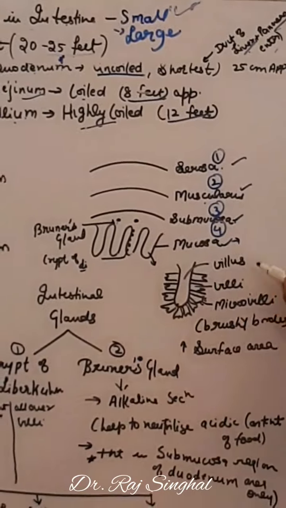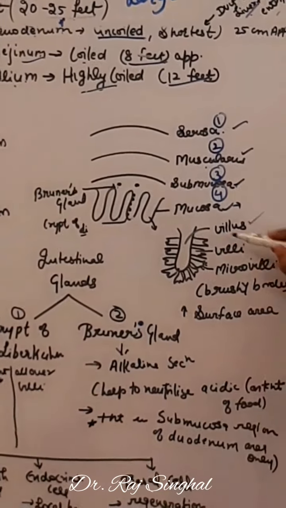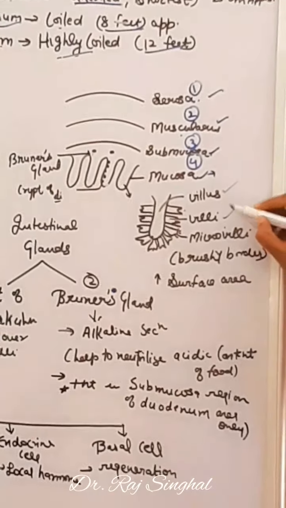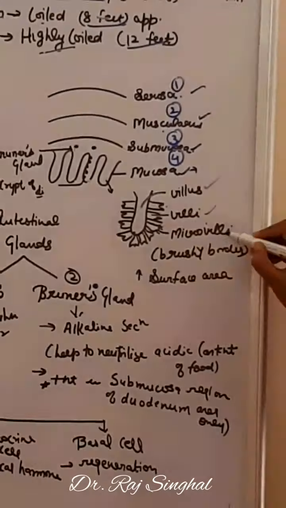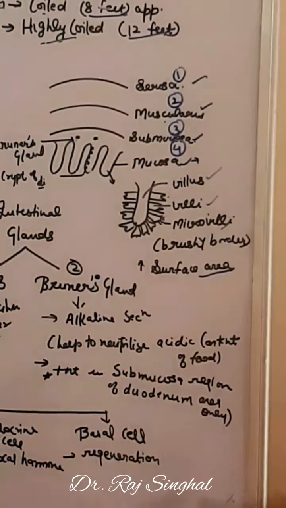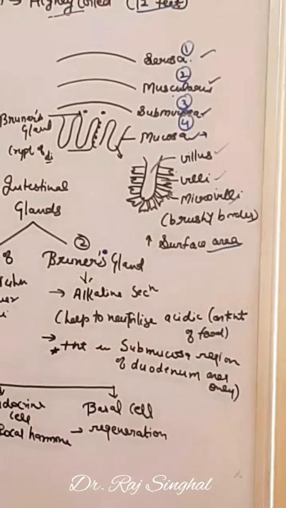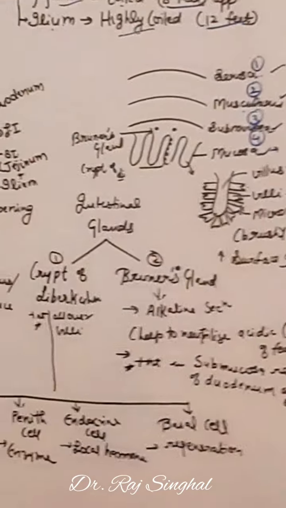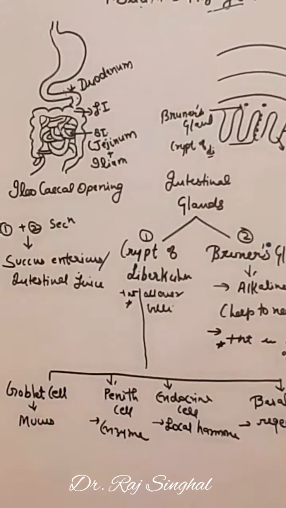Individually, this is known as villus, which further has smaller finger-like projections having a brush border, which helps in increasing the surface area so that maximum digestion can occur. This presence of villi is an adaptation to intestine.